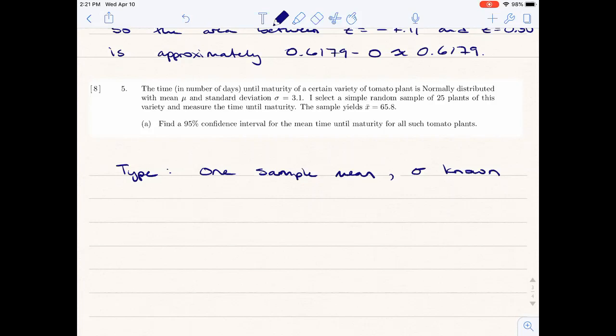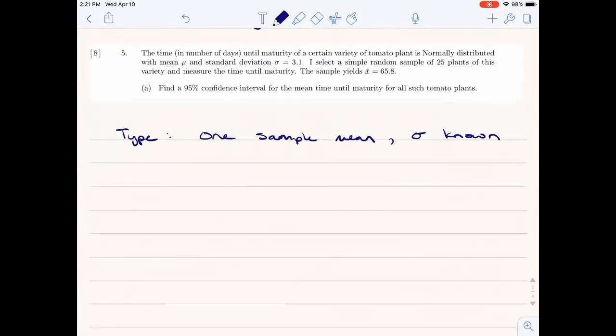Okay, so the information is listed here. We've got X bar is 65.8, sigma is 3.1, and N is 25. It's the only one that's hidden.